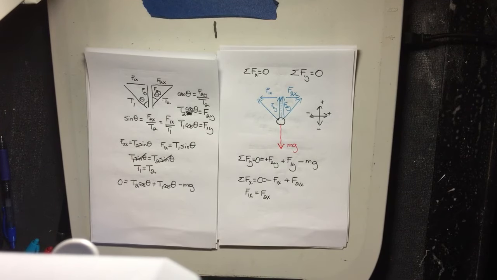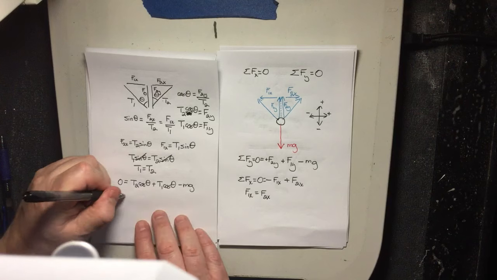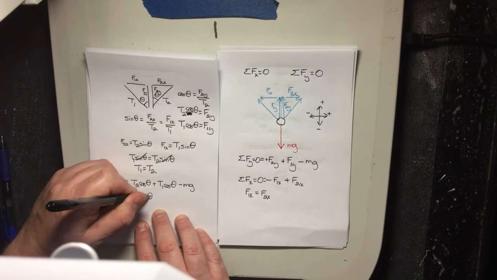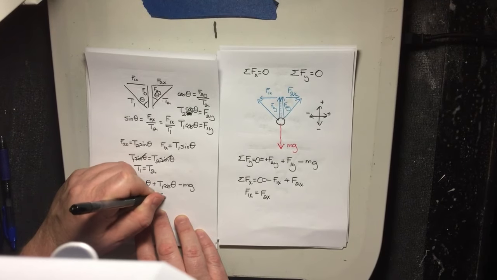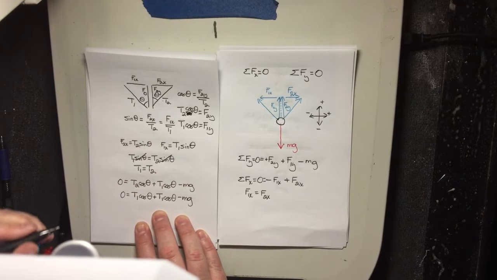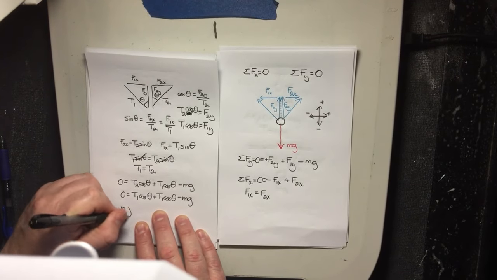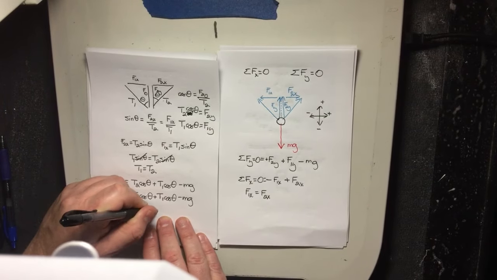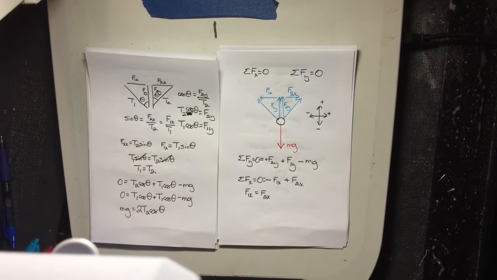What I'm going to do now is a substitution. 0 equals T1 cosine theta plus T1 cosine theta minus mg, or mg is equal to 2 T2 cosine theta. What I did was move the mg over.